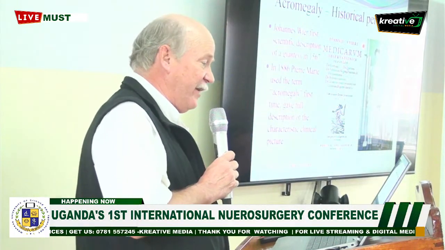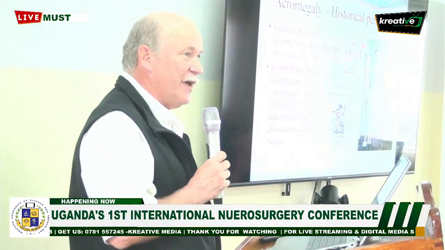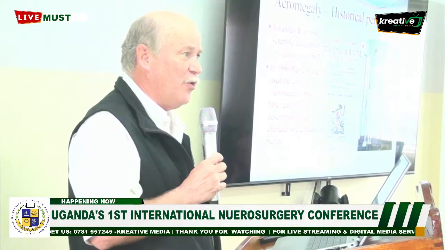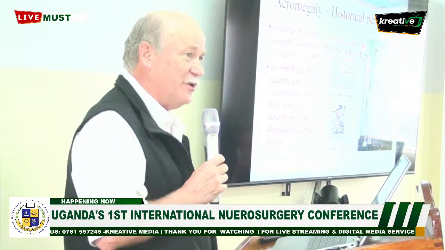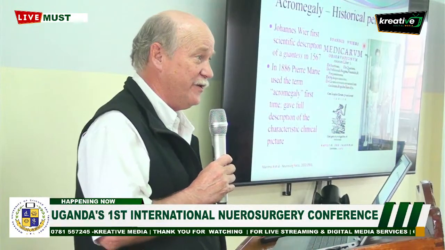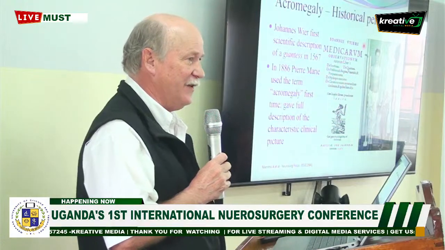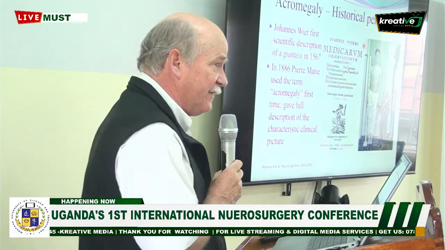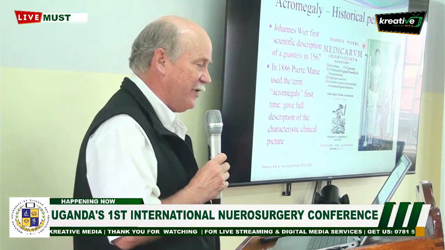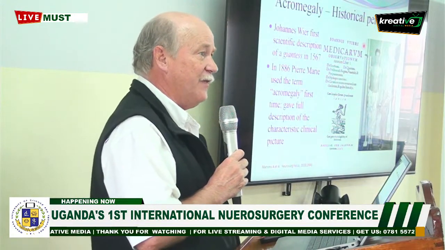So to give a little bit of a history, the first description of a growth hormone pituitary adenoma, which they didn't know was an adenoma at that time, was a description of a giant back in 1567. It wasn't until 1886 that Pierre Marie first described the syndrome of acromegaly.